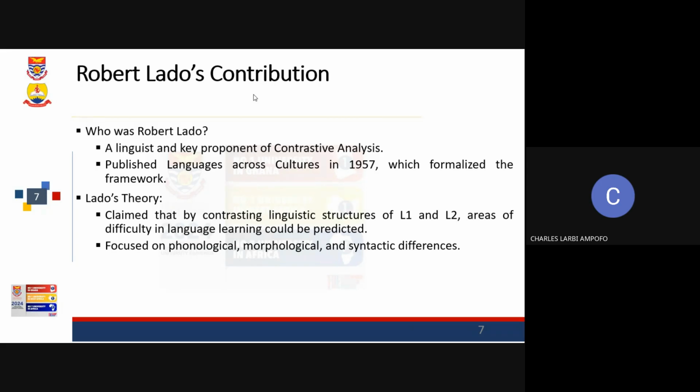Let's have Ernestine Sunu. Hello, sir. Yes, I would like to be a bit funny here. It sounds like an Ewe name. Yes, indeed.